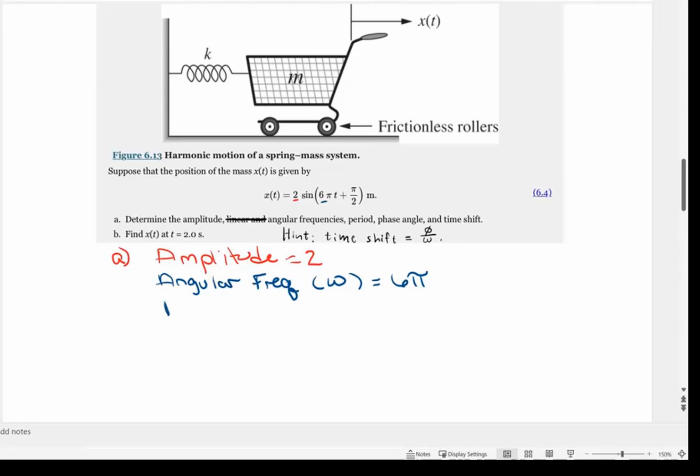Our period is equal to 2 pi over, so remember, I have to divide by our omega, over 6 pi. So our period is 1/3.